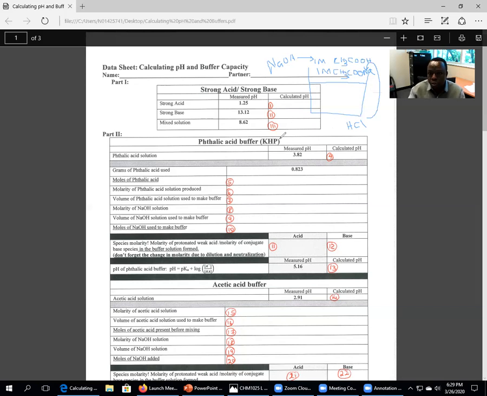This will produce hydroxide, which will combine with hydrogen to form H2O, and this will react with hydrogen to form hydrochloric acid in a neutralization reaction. In the end, there will be no change in pH of a buffer solution.